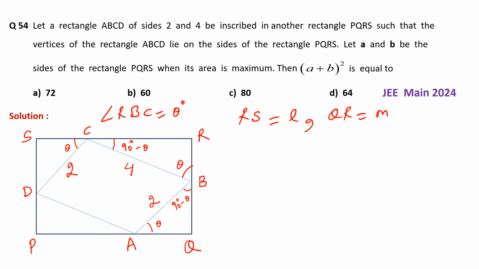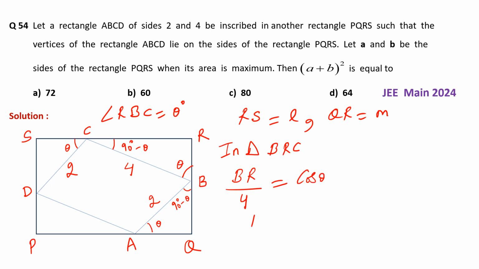Now we will find the values of L and M in terms of theta. First of all, I am considering triangle BRC. In triangle BRC, I am using simple trigonometry. I can write BR upon BC, that means 4, equal to cos theta.